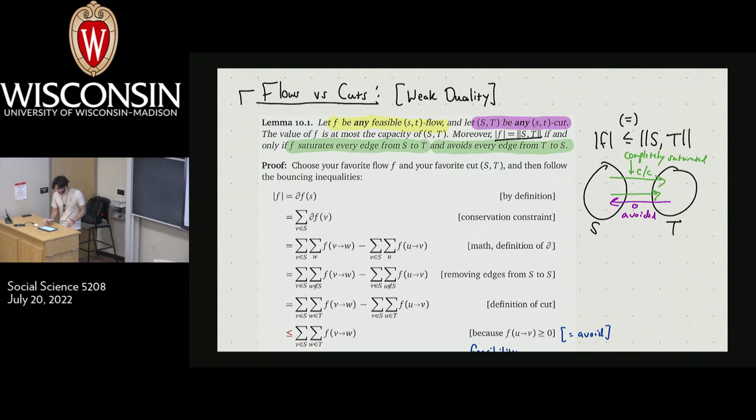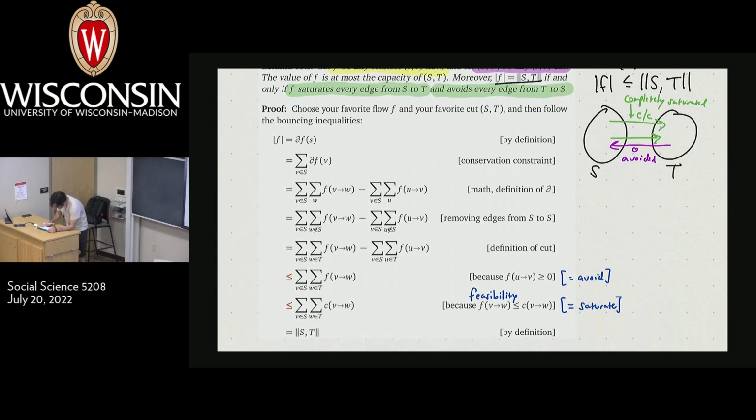Okay, so why is this true? There's a lot of inequalities, so I'll just go through where they're coming from. The first thing is the size of F, the value of the flow. This is equal to the net flow leaving S. That's just by definition.